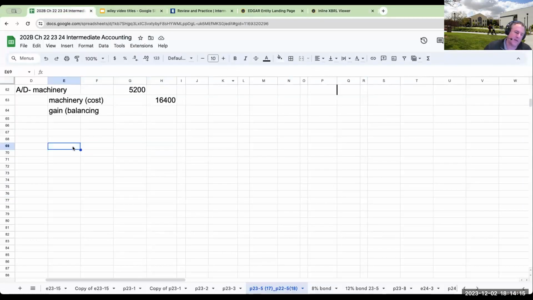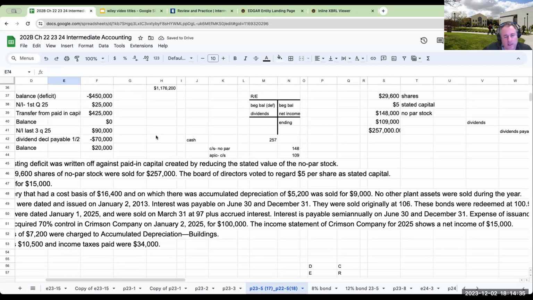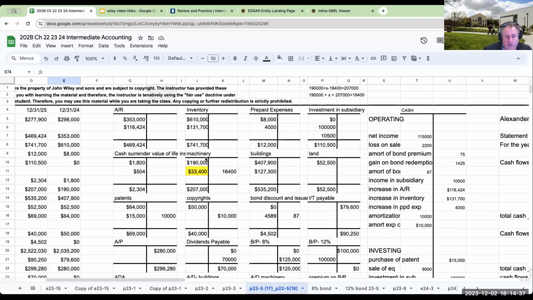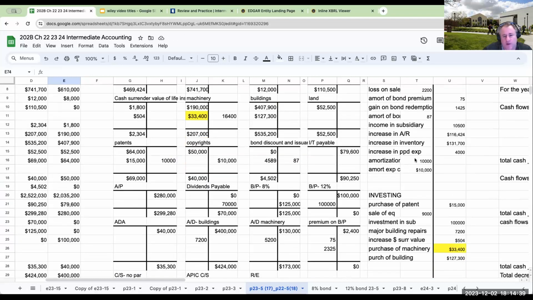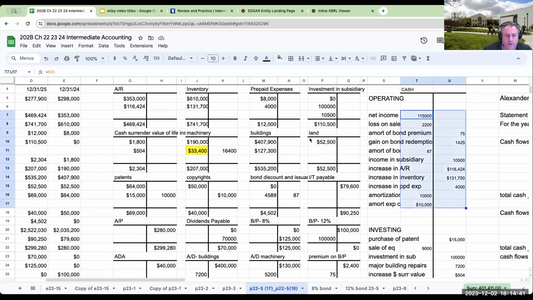When it comes to amortizing your intangibles, you have one of two options. You can say amortization expense and accumulated amortization patent. Or you can do amortization expense and then hit the patent directly. That's what they chose to do. I like using the accumulated amortization so I can track it better, but that's what that relates to. Okay.